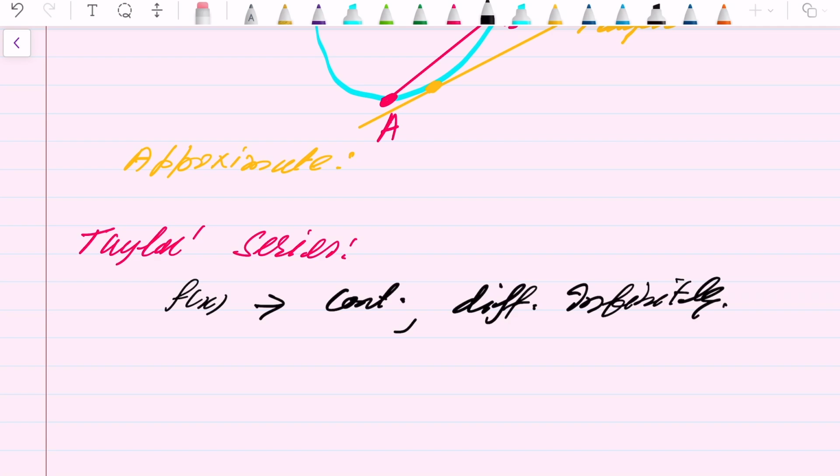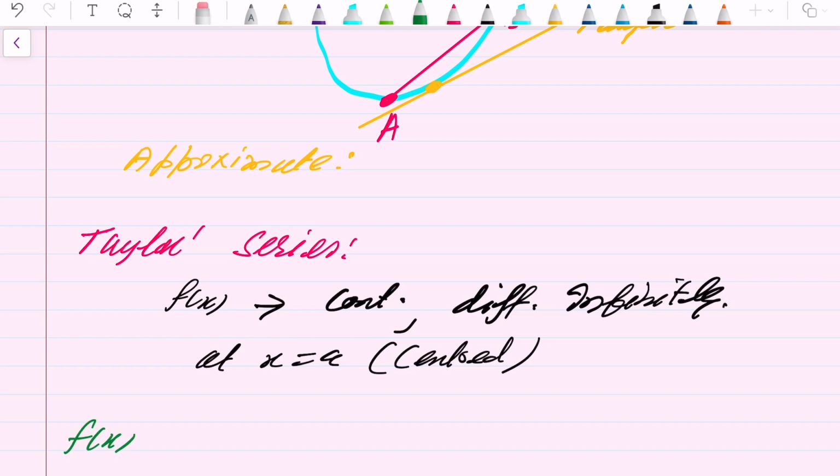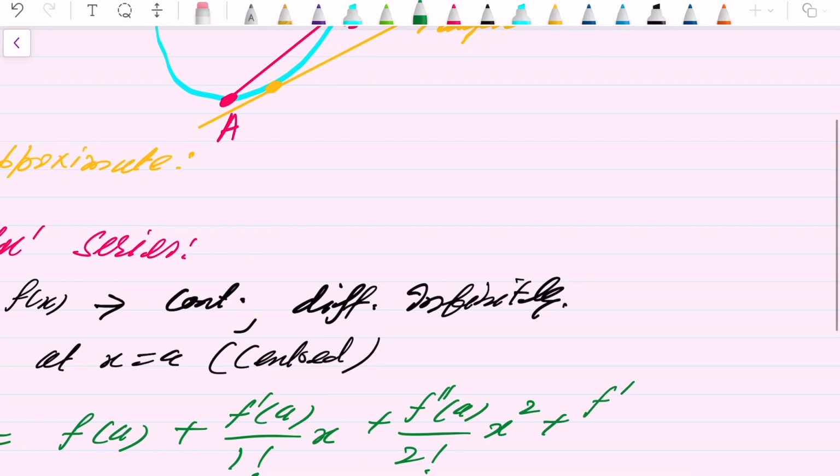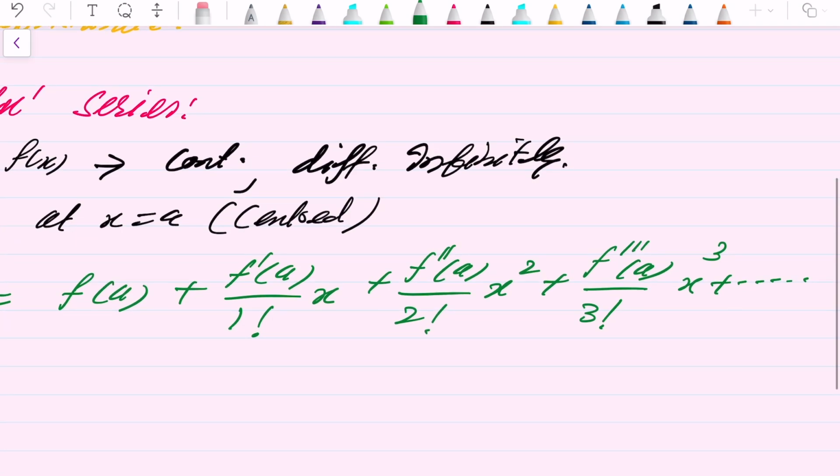The Taylor series expansion at x equal to a, or centered at x equal to a, is given by f(x) is equal to the value of the function at a, plus the first derivative at a divided by 1 factorial times (x minus a), plus the double derivative at a divided by 2 factorial times (x minus a) squared, plus the triple derivative at a divided by 3 factorial times (x minus a) cubed, and so on. And this can be further summed up.